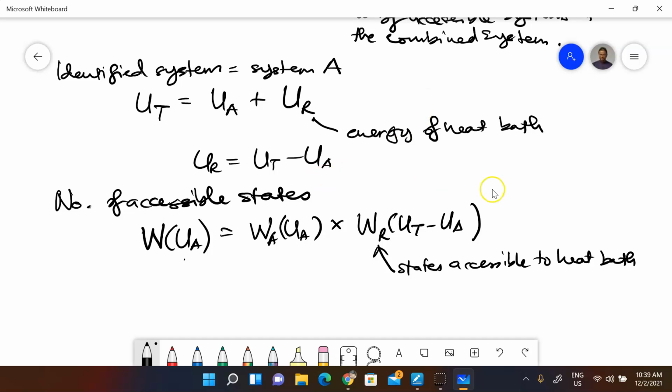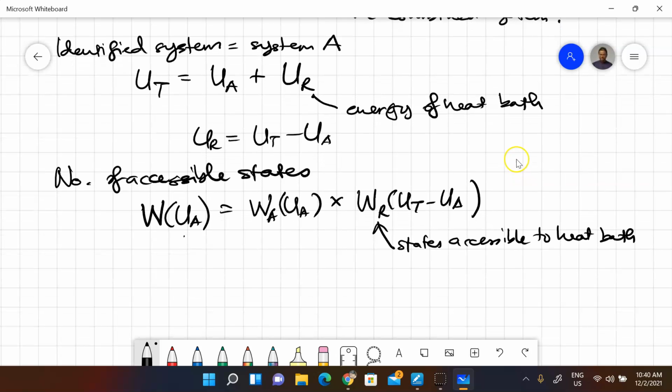Let's take it stripped down to the simplest case that we can think of.